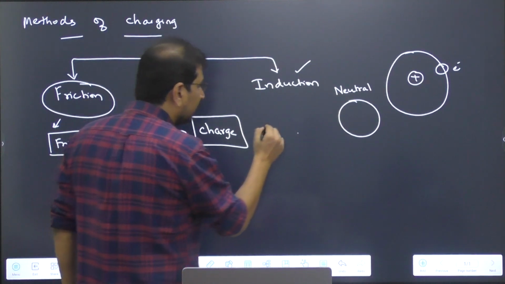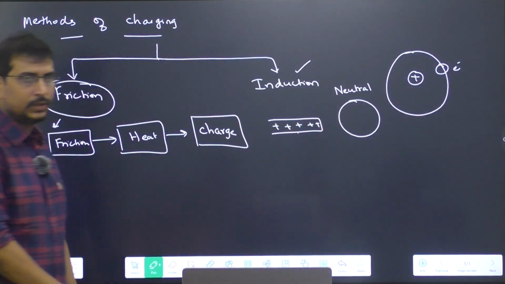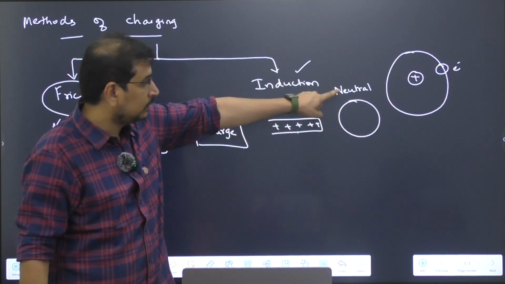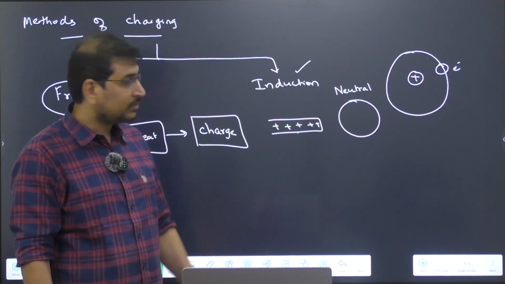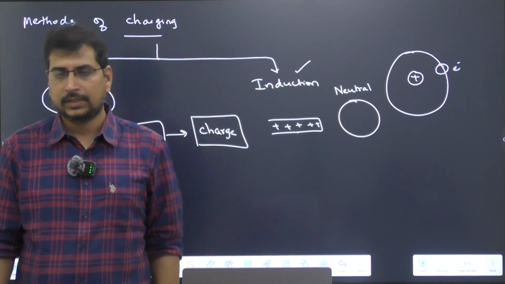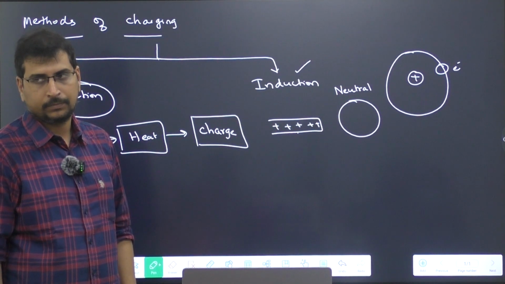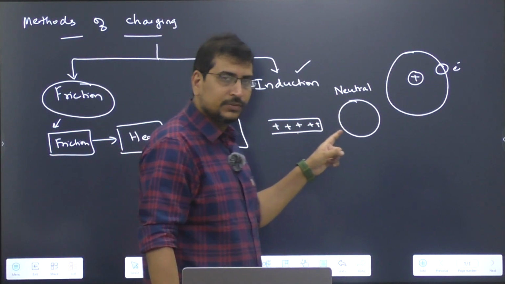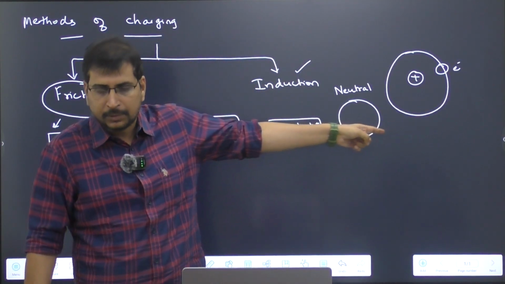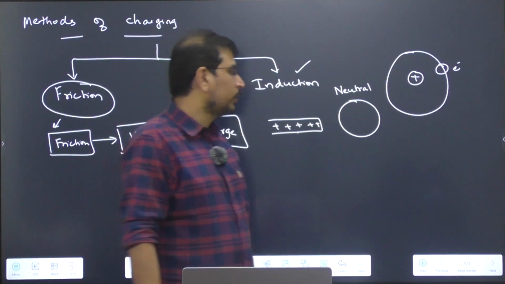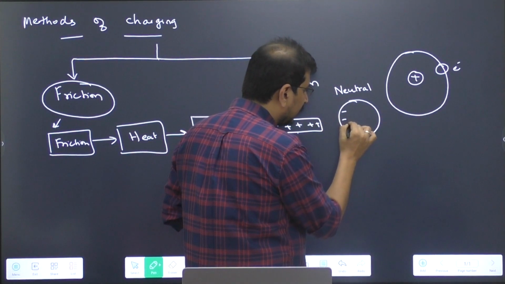So what exactly happened is, let's say I have a charged material like this, and this material is neutral. We are taking it close. If the medium is conductive, and these objects are able to interact with each other, this positive charge will have the capacity to exert a force on the neighboring atoms.